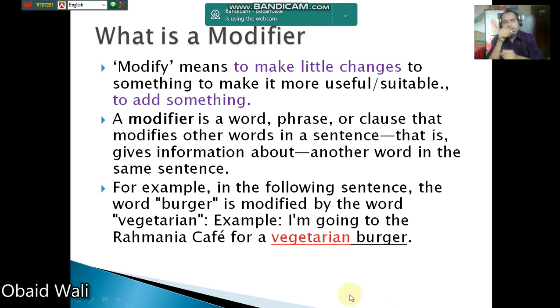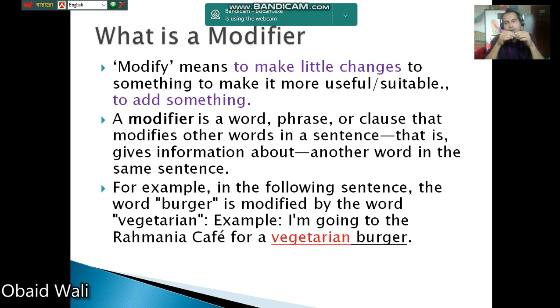Here is another example. Just watch the example closely. I am going to the Rahmania cafe for a vegetarian burger. The speaker is saying that he is going to Rahmania cafe for what? For a burger. And this word vegetarian has been added here to give more information about the type of the burger.